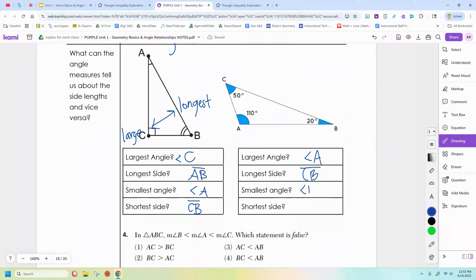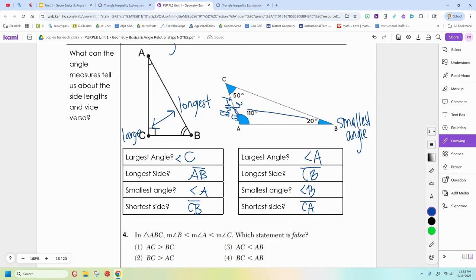B, right? 20 degrees. And what's the shortest side? CA. So now, this is the short side. I know I'm writing sideways. I don't know how else to do it. Short side. This is the smallest angle.